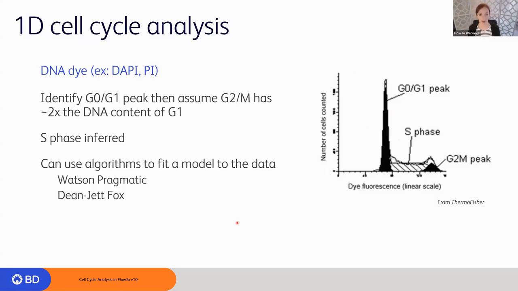Just to set the stage, one-dimensional cell cycle analysis, also referred to as univariate analysis, so only a single variable, typically includes a DNA dye. There are lots of examples. These are just two of the most common ones I see, which include DAPI and PI.